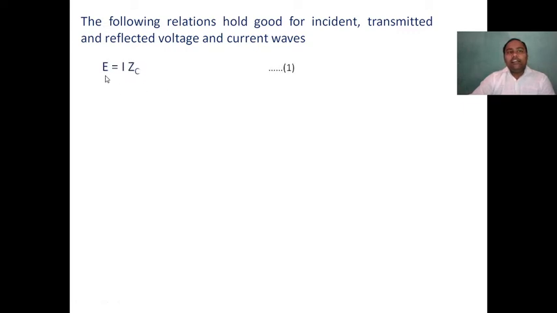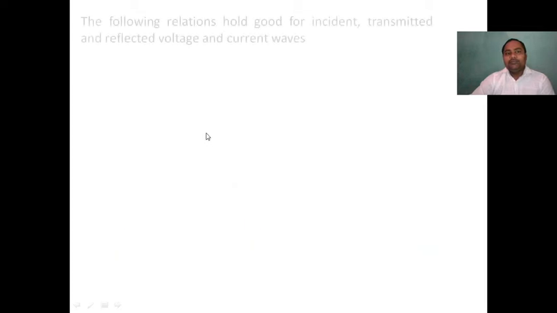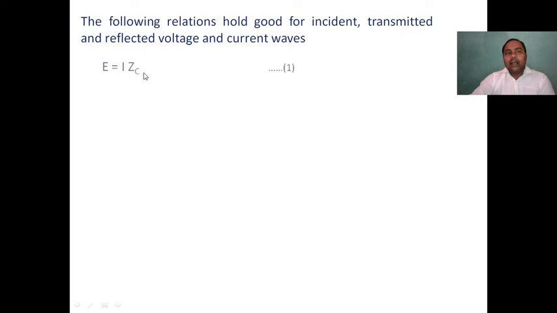What is E? E is the incident voltage, equal to the incident current into ZC. If you observe the diagram carefully, there is an incident voltage E, and the traveling incident current I has the impedance ZC. So E is equal to I ZC.